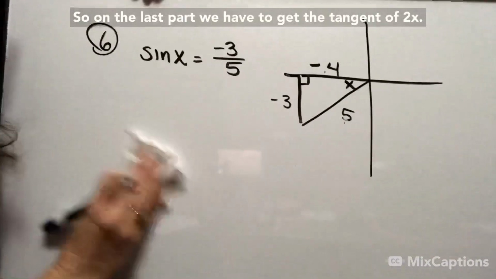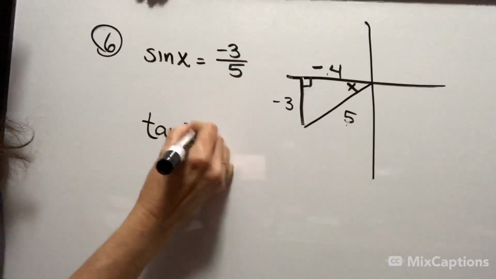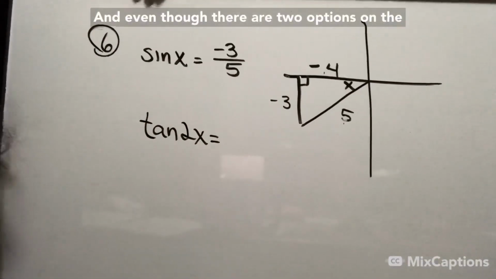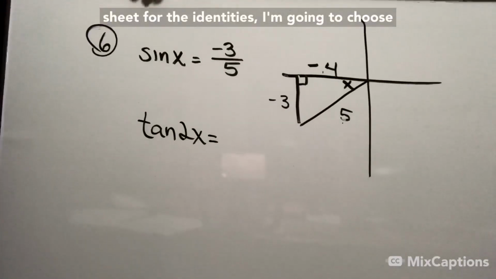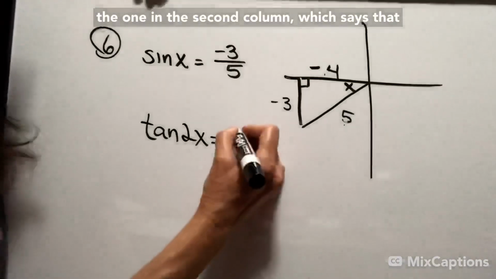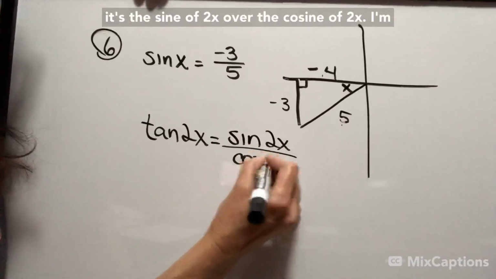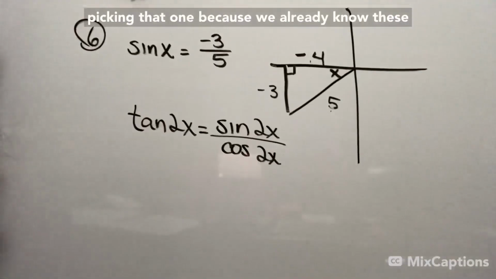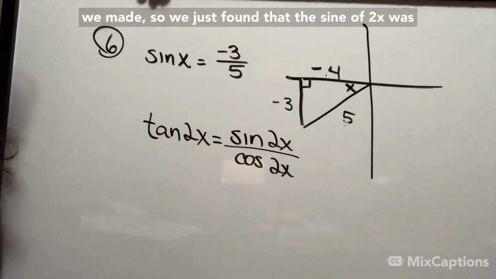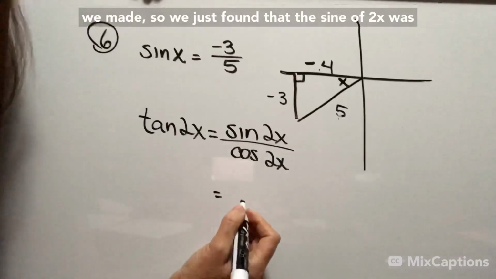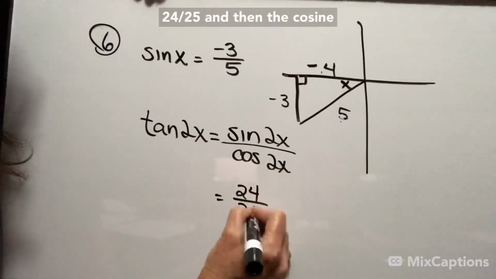So on the last part, we have to get the tangent of 2x. And even though there are 2 options on the sheet for the identities, I'm going to choose the one in the second column, which says that it's the sine of 2x over the cosine of 2x. I'm picking that one because we already know these 2 values from the previous 2 steps. So we just found that the sine of 2x was 24/25.